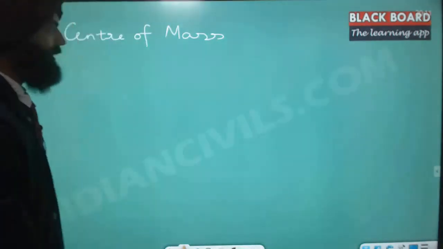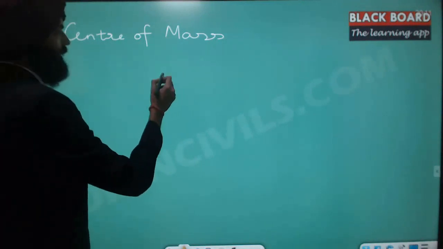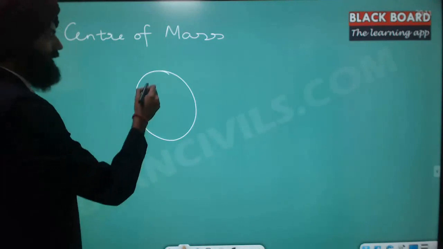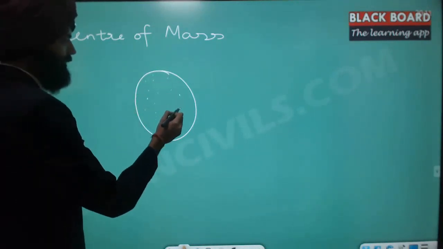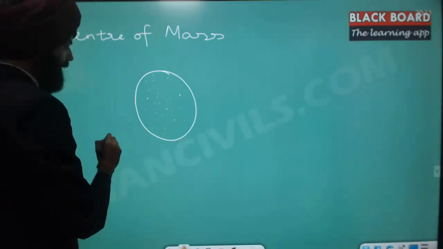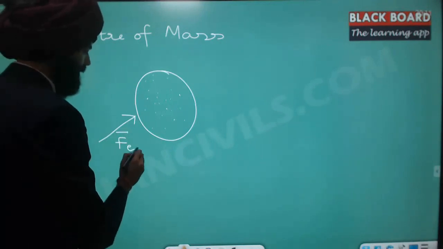So when we say the center of mass, what we mean is that just imagine there is a body, and it has a uniform mass distribution. So all the particles inside the body are uniformly distributed. And if there is a force acting, we are applying an external force on this body.